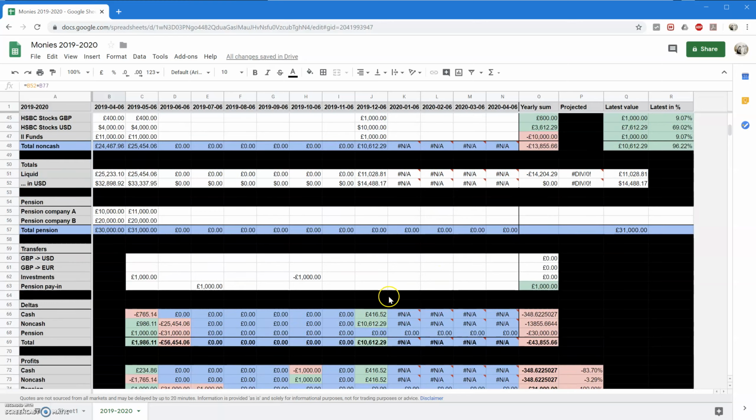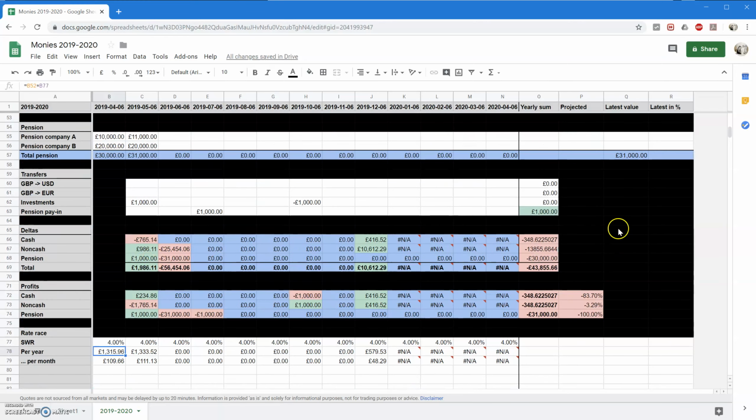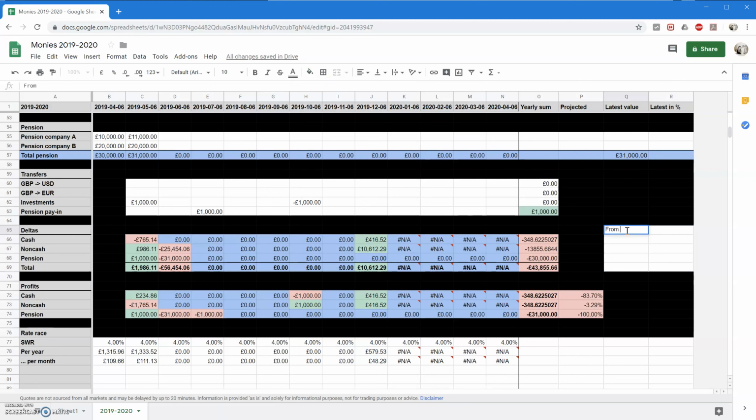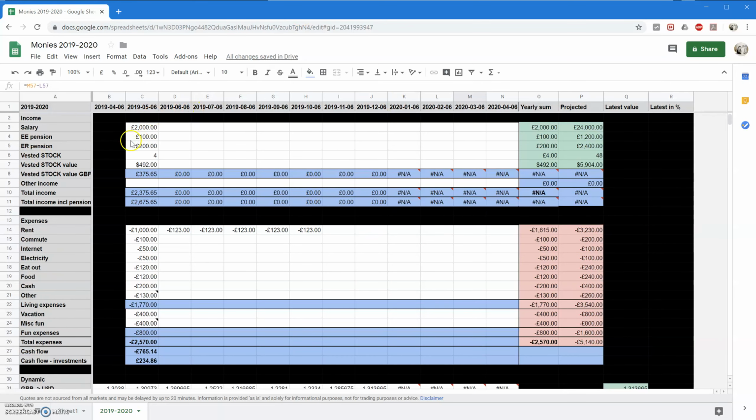Let's see our totals, no, our deltas. Yeah, let's look at our delta, and let's include a special one here. I'll be using these values from employer. So let's see what actually is the money from the employer. I would say it's the salary, skipping pension, and it's the vested stock value.